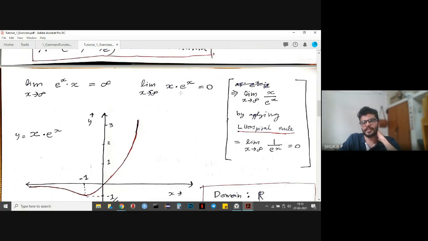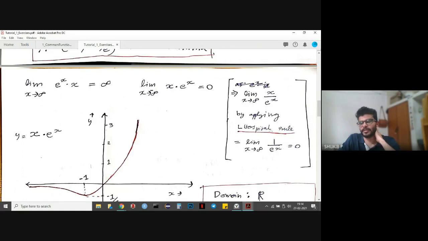So here we'll have to apply the L'Hospital rule as I explained earlier. So we can essentially represent this same function as x by e raised to x when x tends to infinity. So as x tends to minus infinity, x into e raised to x will be similar to limit x tends to infinity, x by e raised to x.